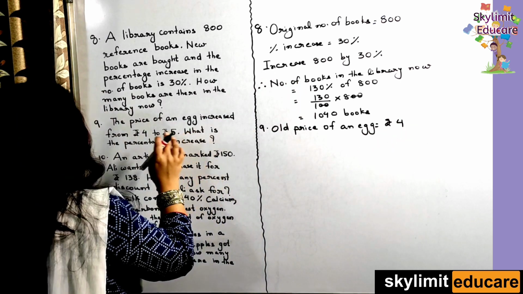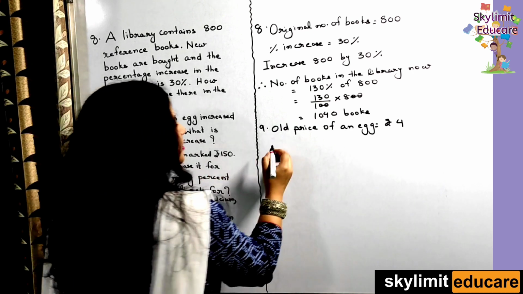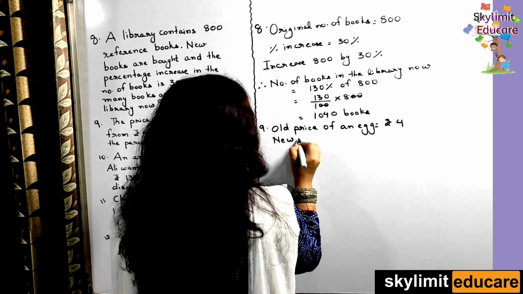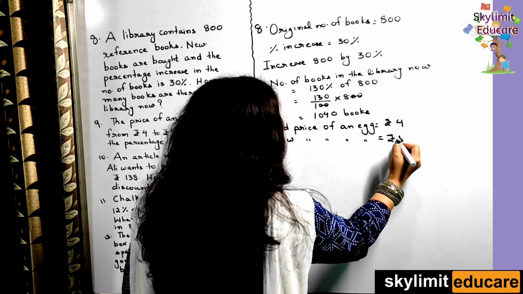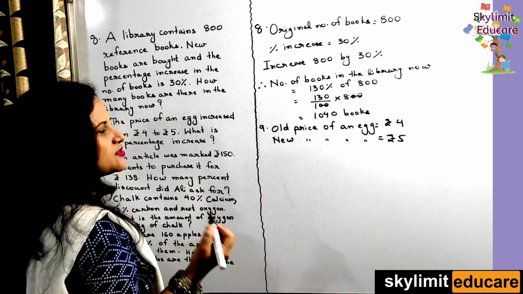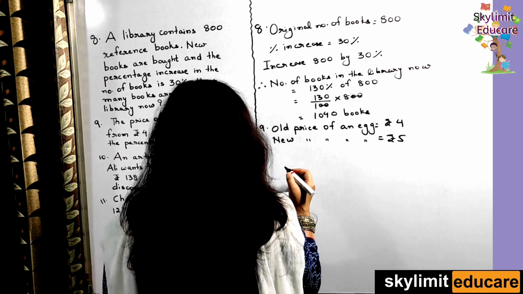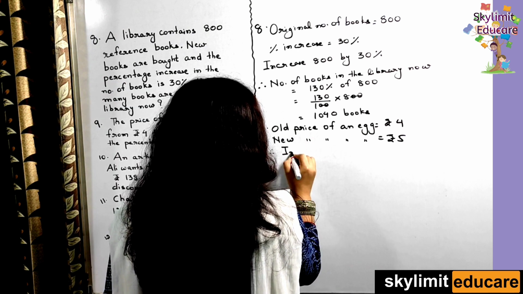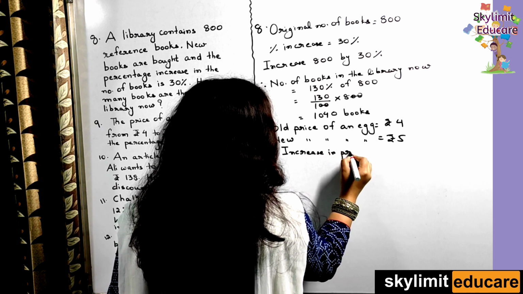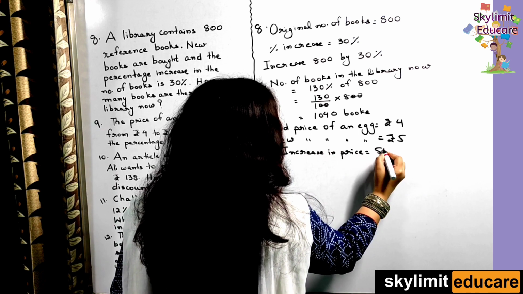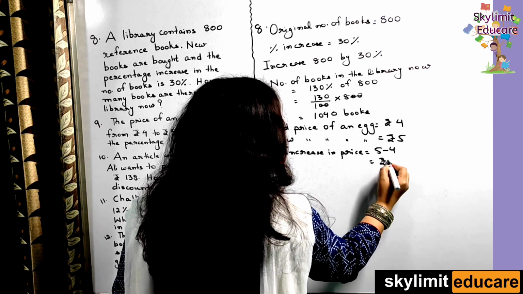So the price increased from rupees 4 to rupees 5. So new price is rupees 5. So what is the increase in the price? It is rupees 1. Let's find it out. Therefore, increase in price is 5 minus 4, that is equal to rupees 1.